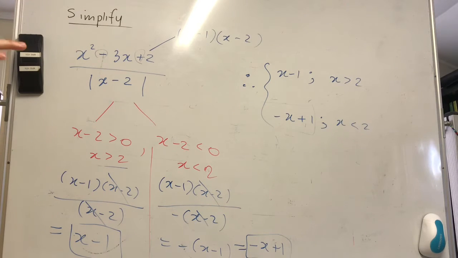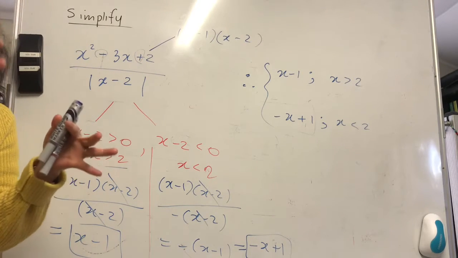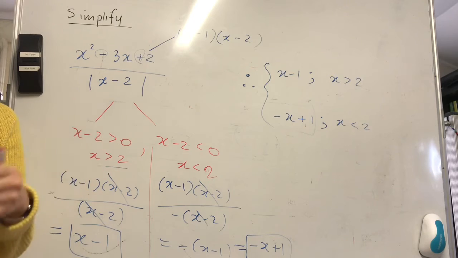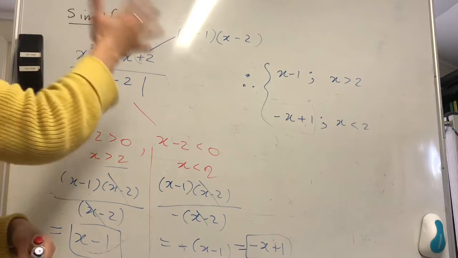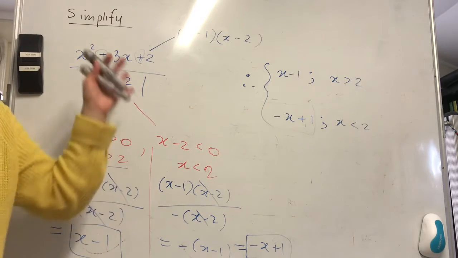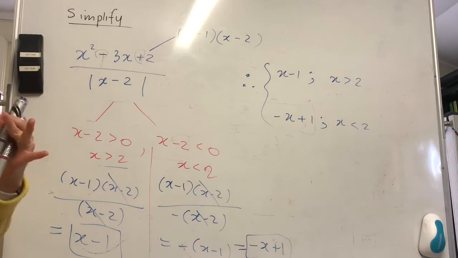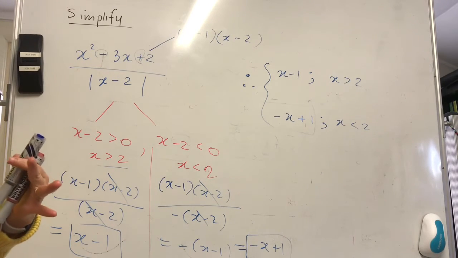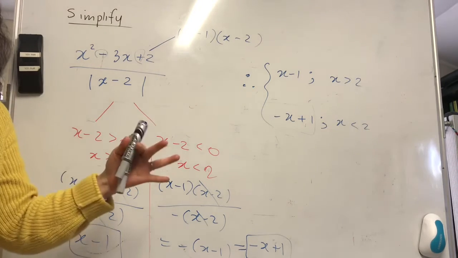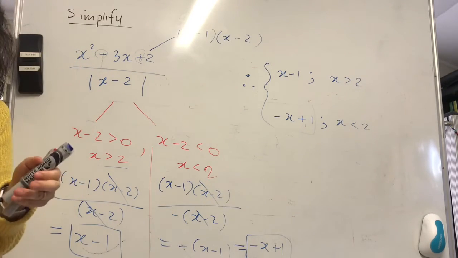But with inequalities, it's a set of x values. Like x is bigger than 2, so it'll be 3, 4, 5, 6, forever it goes. But we don't know which x it is. So you'll get the set of x values. That's the difference between equations and inequalities. With an inequality you get a set of x values; with equations, you get the actual x values.